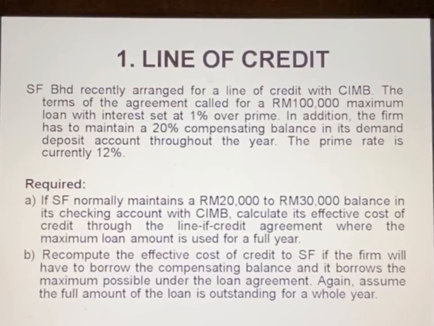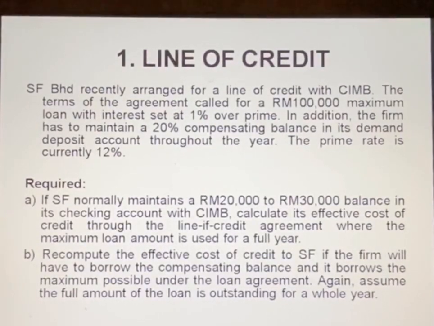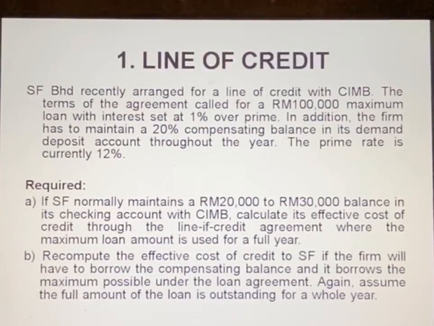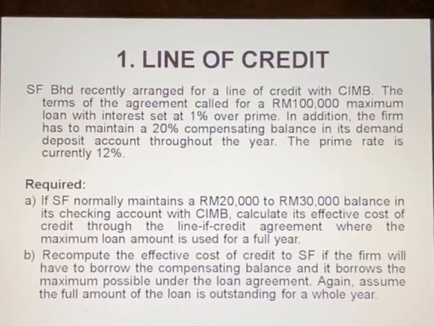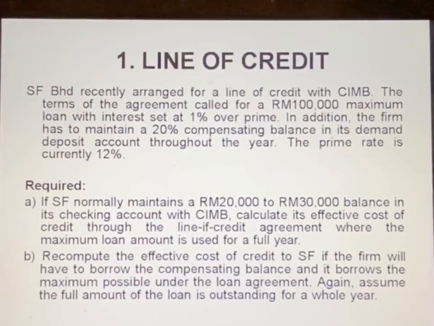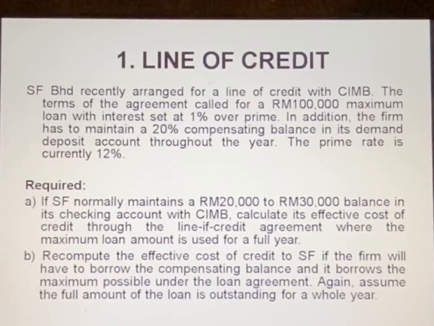Required: A. If SF Berhad normally maintains a 20,000 to 30,000 balance in its checking account with CIMB, calculate its effective cost of credit through the line of credit agreement, where the maximum loan amount is used for a full year.